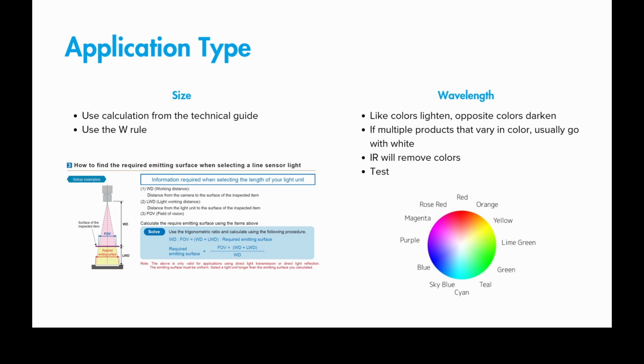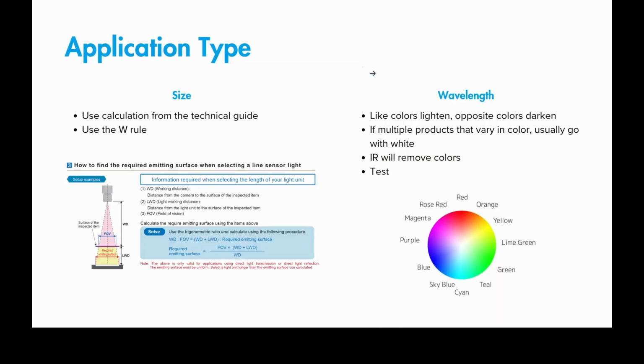So as your sample is more diffuse than that, or your light working distance is a little bit closer, you don't necessarily have to be 2 times the field of view. You can be 1.5, maybe 1.25. Testing can determine that, but it's just a good idea of thinking about how big does my light have to be. Think about how reflective your sample is, what your working distance is, stuff like that.